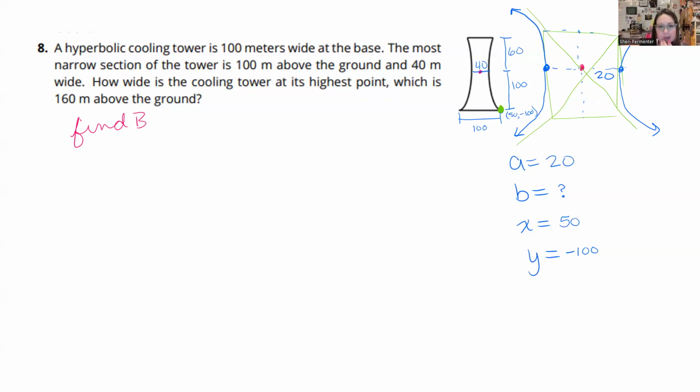So it's going to have this basic formula: x minus h squared minus y minus k squared always equals 1, over a squared and b squared.